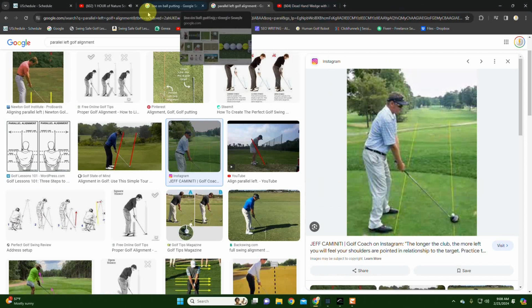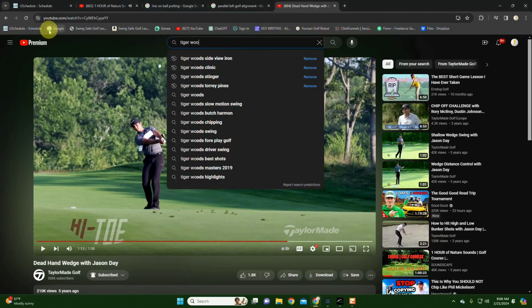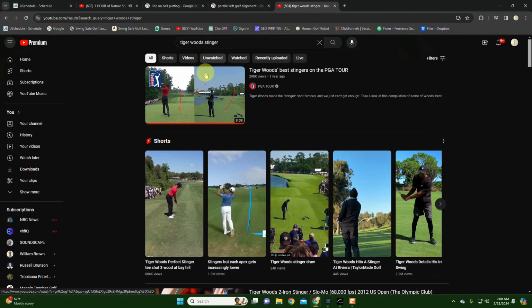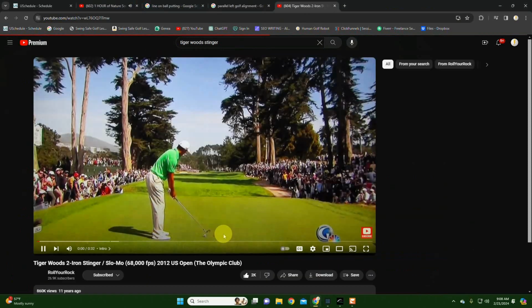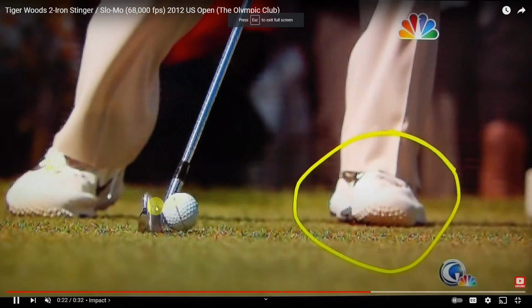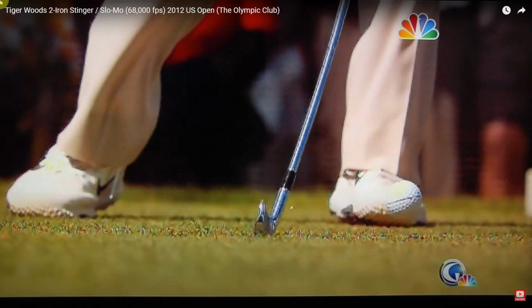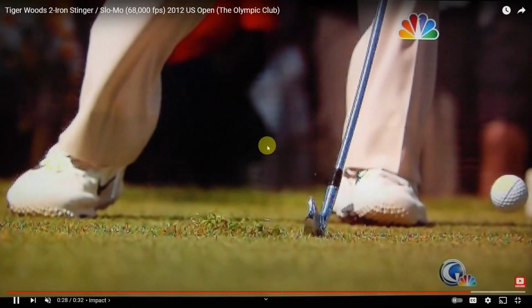And then the last one I want to cover in this video I'm making right now is the club face and how the club face is actually trying to stay square. For example, look at the club face and watch how it stays very straight. See how it hasn't twisted? Okay.